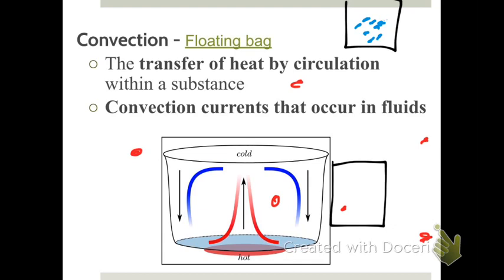Because all the molecules are so close, there's more gas within a smaller area of space. So that air is very dense, and therefore that air sinks. This air, there's less stuff in a particular area of space, so it's less dense, so that air will rise.